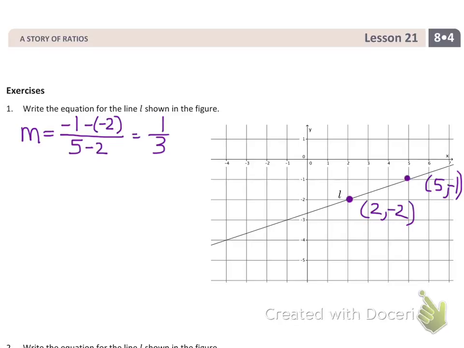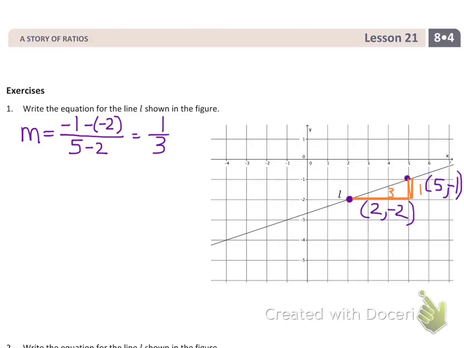Okay, so here is the slope calculation for the line in exercise 1. I found 2 points at (5, -1) and (2, -2) that are on the line. I use those to find the slope, and I can also verify the slope by drawing a slope triangle here and showing that this would be 1/3.